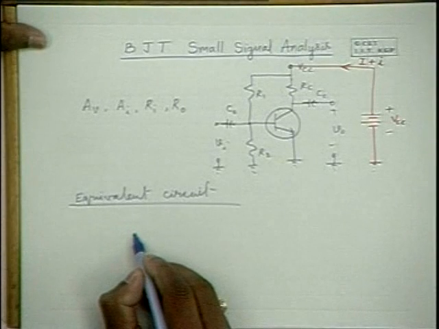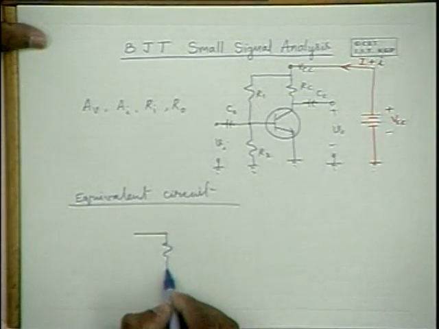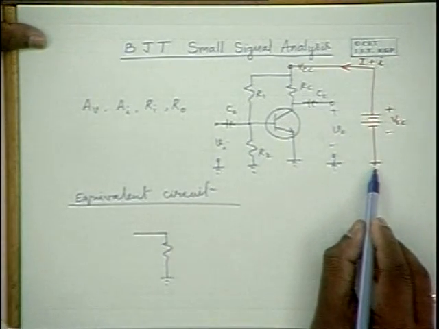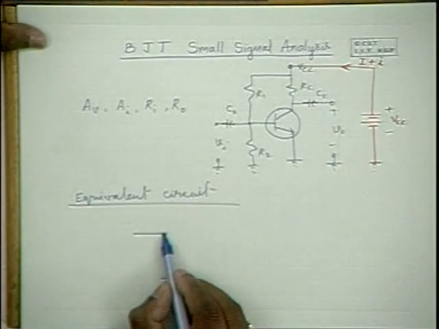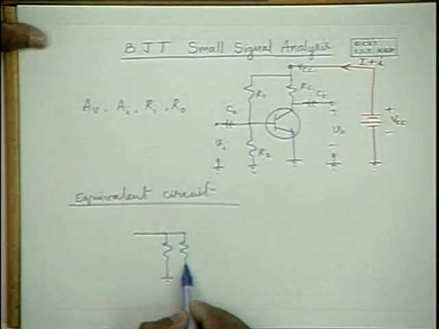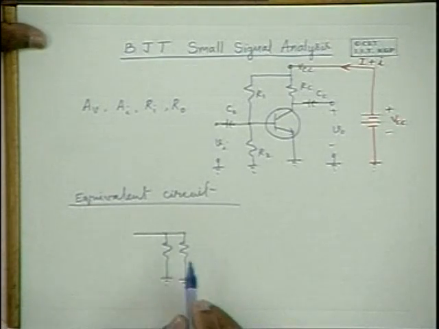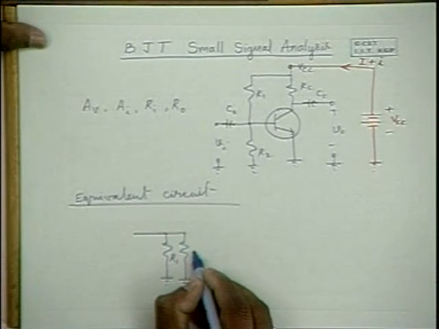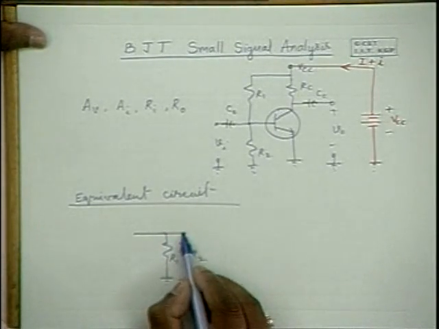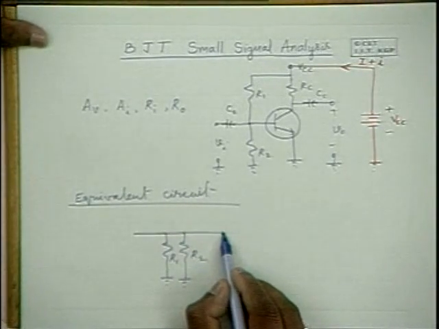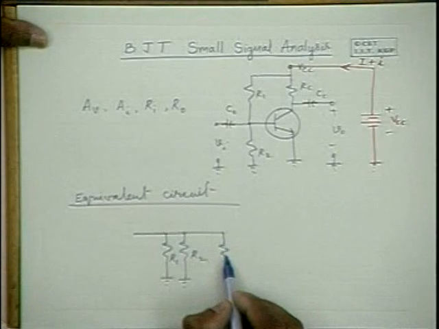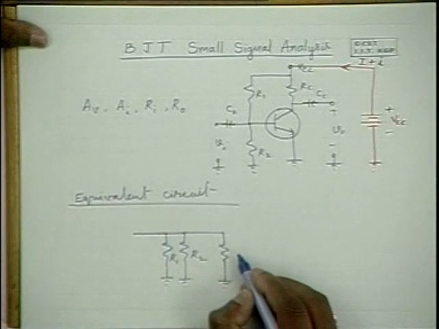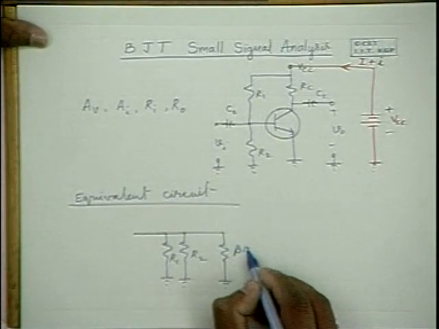So we have here the input, and we have R2 to the ground, and R1 is also shorted to the ground because we replaced VCC by a short circuit. Therefore, R1 is also coming in parallel with R2. And here you have a resistance between base and emitter in the transistor model. This is beta RE.